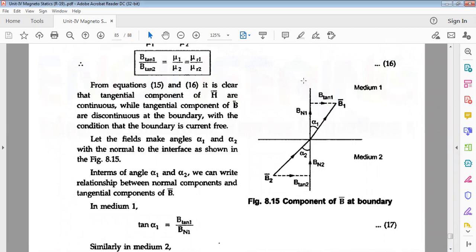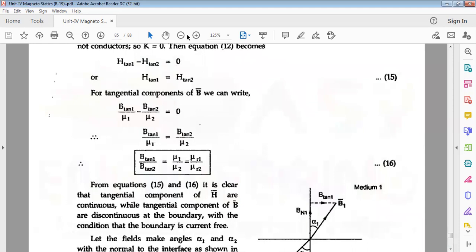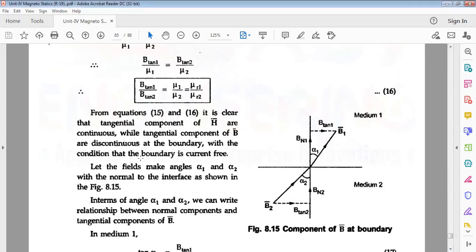From equations 15 and 16, it is clear that the tangential components of H bar are continuous, which means both are equal. H tan 1 is equal to H tan 2, it's continuous. And this one is not continuous, but it is directly proportional to the permeabilities. The tangential components of H bar are continuous, while the tangential components of B bar are discontinuous at the boundary, with the condition that the boundary is current free.